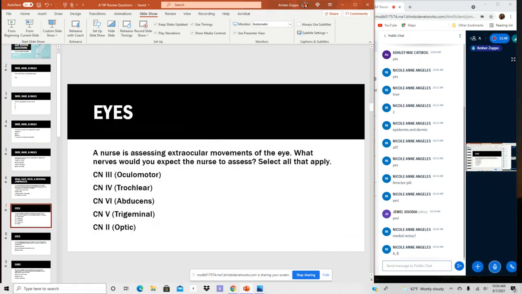A nurse is assessing the extraocular movements of the eye. What nerves would you expect the nurse to assess? Oculomotor, trochlear, abducens, trigeminal, or optic?